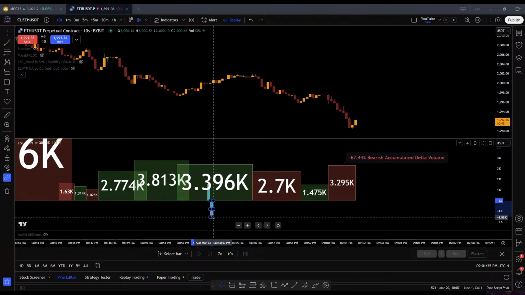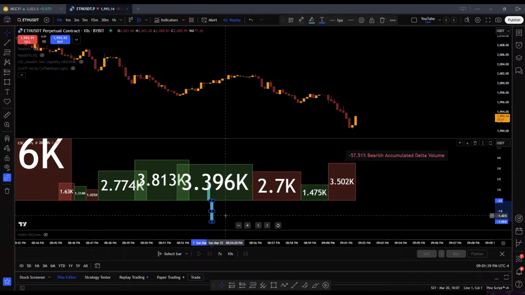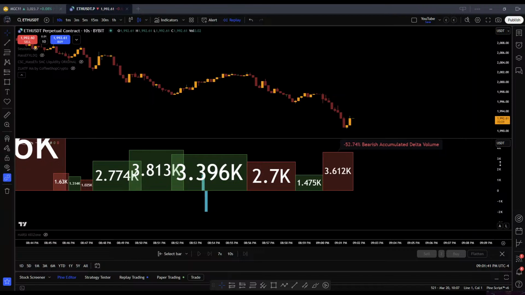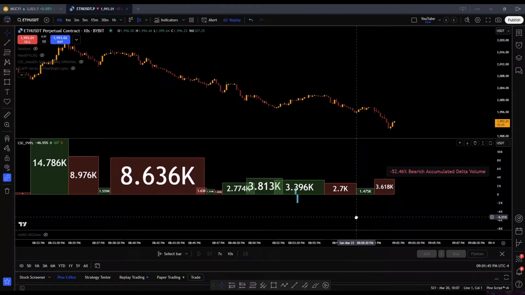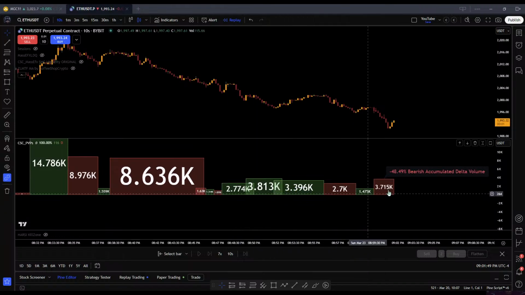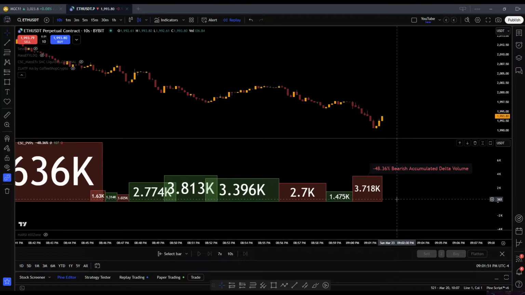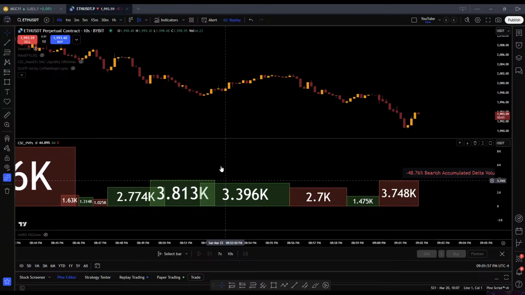If I want to get a negative percentage, I would need an additional box down here, and then this becomes unreadable. So I understand what you're saying, and it's a really good idea from a visual standpoint, but from a practical standpoint, it doesn't work because of the way delta is being calculated.